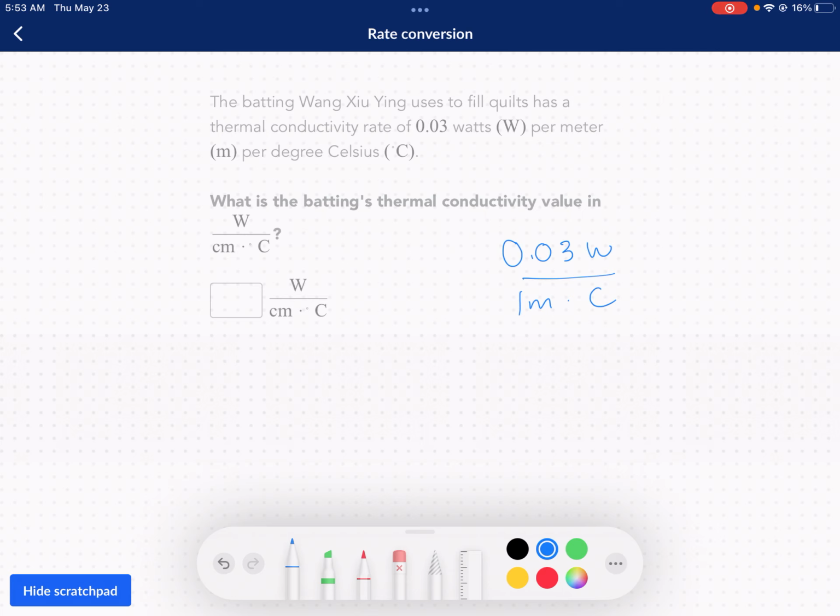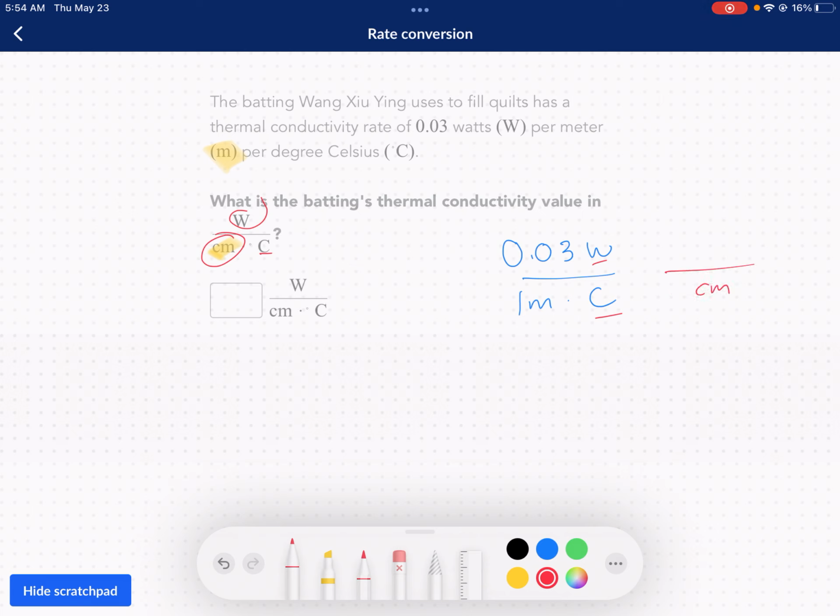Okay, so the only difference here is it has this centimeters instead of meters. So we're going to go ahead and just put the units that we want. We want watts in the top, that's already there. We want C in the bottom, that's already there. But now we have centimeters in the bottom that we want, so let's go ahead and put centimeters in the bottom. I'm going to give myself a little space.